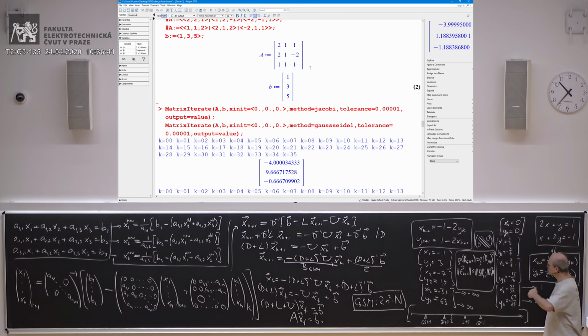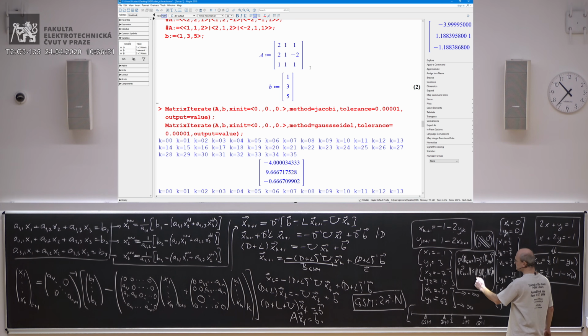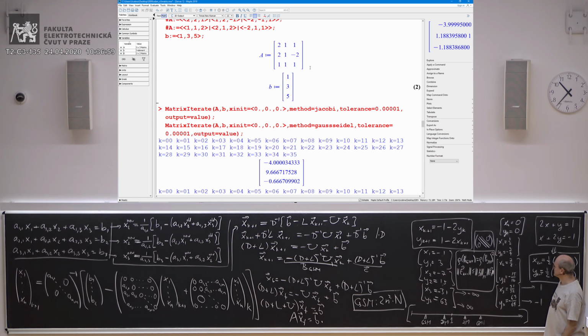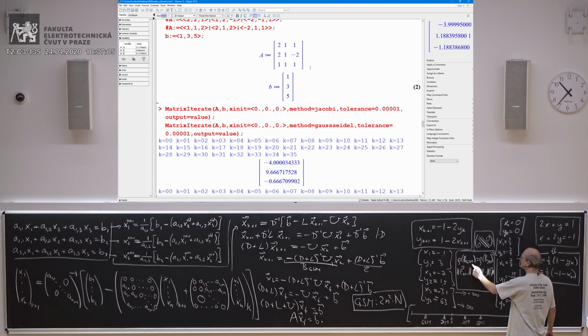Now, when we do several iterations in a row, then this norm gets to the power, let's say, m, if we do m iterations. And if we switch from Jacobi to Gauss-Seidel, then we actually get another factor there. So this tells us that the rate of decrease of the error for the Gauss-Seidel is twice as fast compared to the Jacobi iteration.